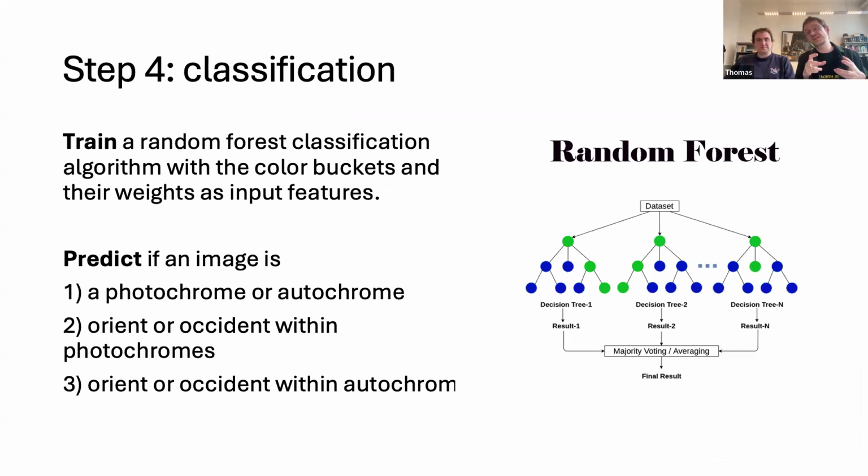But we still needed to do the classification task to answer the question, do autochromes use different colors than photochromes? Is the Orient represented differently than the Occident within autochromes and photochromes? And for this, we used a method called random forest classification. It's a machine learning method that's been around for quite a long time.